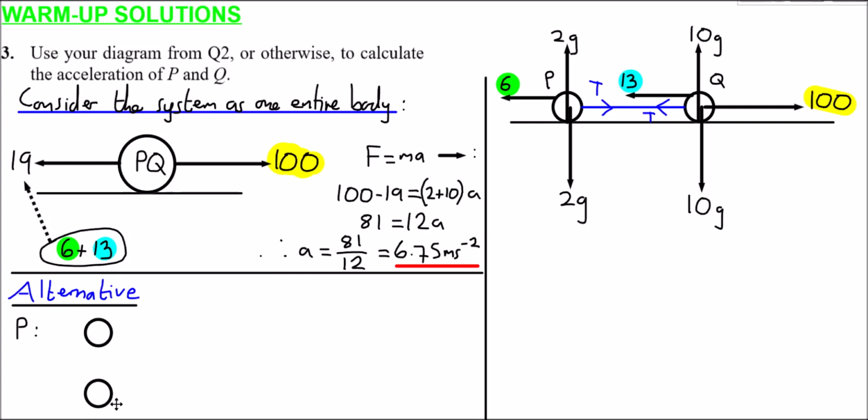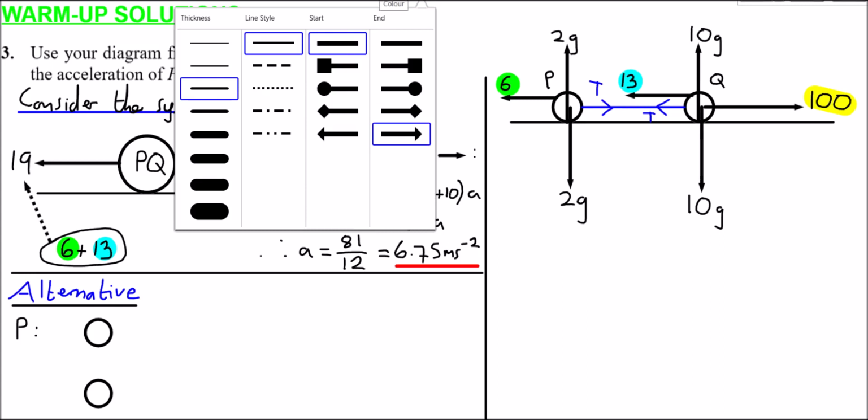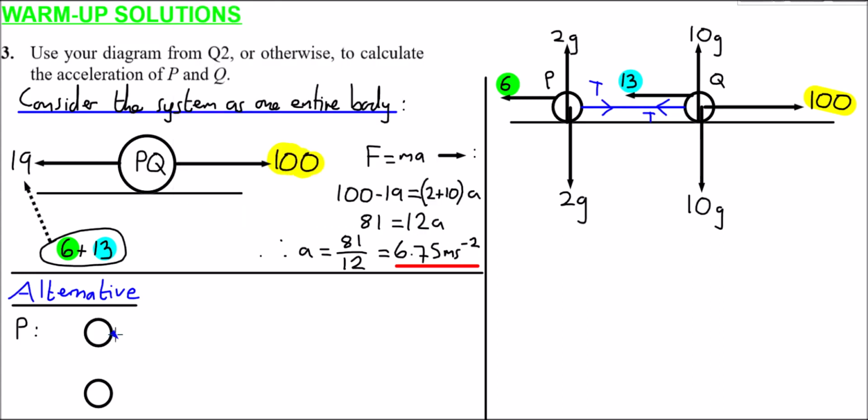So just thinking about P. Acting on P, horizontally only, we've got a tension pushing it to the right, which is this T arrow here. So I'm going to draw on the T arrow. Whereas on Q, which I'm going to consider in a moment, Q has that tension pulling it to the left.